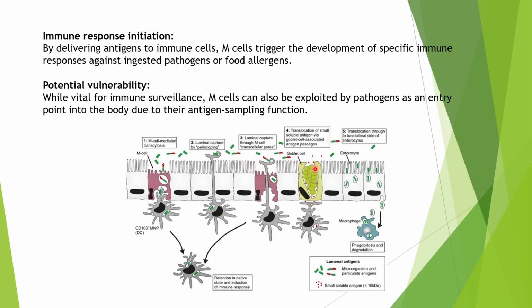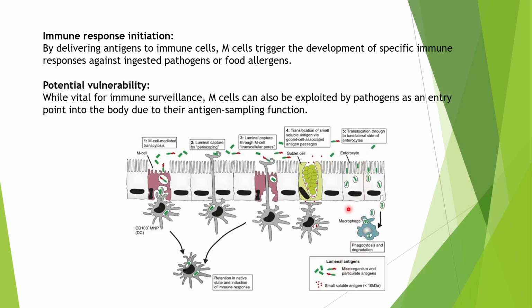Your M cells and your enterocyte cells are for both microorganisms and particulate antigens, depending on the type. Your M cells can almost send anything inside, any particle or microorganism of any size which is smaller than your cell, it will be able to deliver. But there are limitations for your goblet cells and your enterocytes.